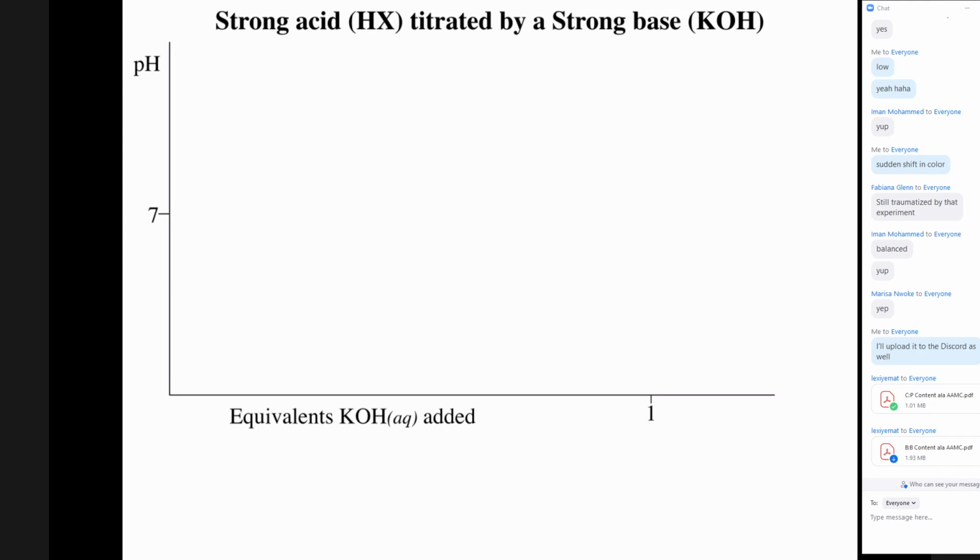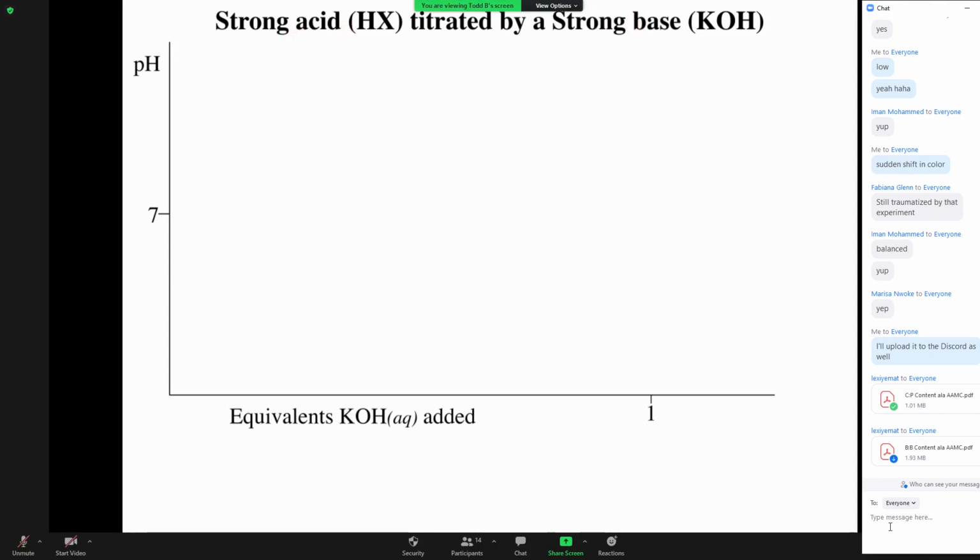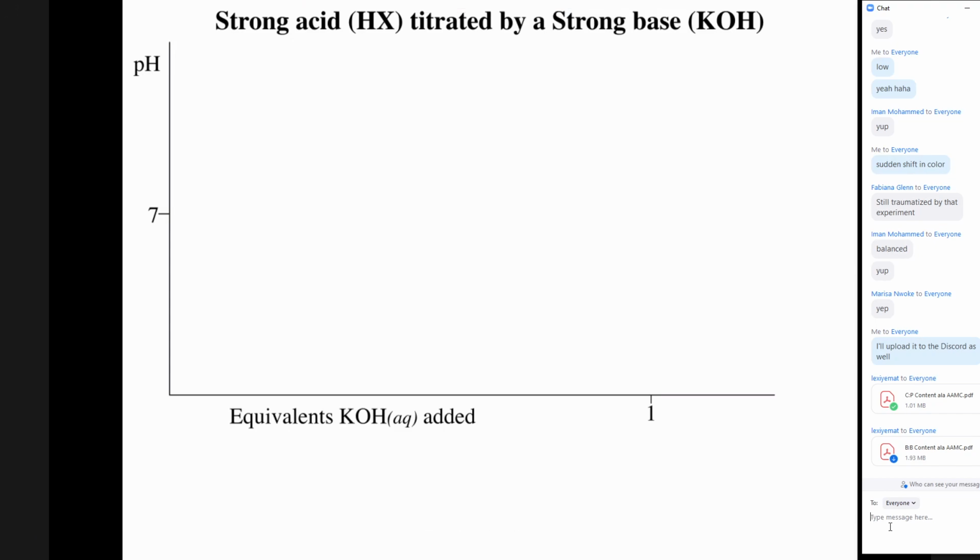If I have an unknown molarity of an acid, and I put, let's say, an exact volume, 25 milliliters into a flask, a beaker, some sort of container, and I quantitatively add a base of known concentration, the second that I've added the exact mole quantity of base to the mole quantity of acid, I will end up neutralizing the acid completely. And from there, I can figure out exactly what the molarity of the acid must have been in order to have an equal number of moles. So in other words, the moles of acid initially present equal the moles of base I added.